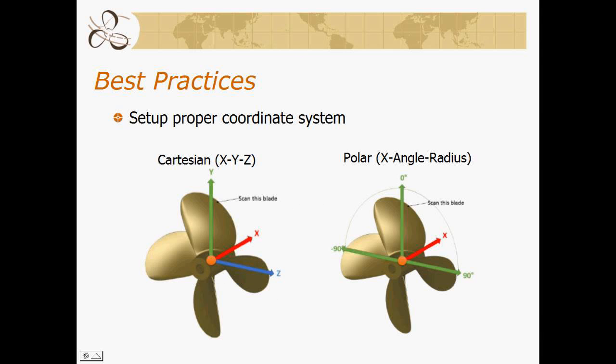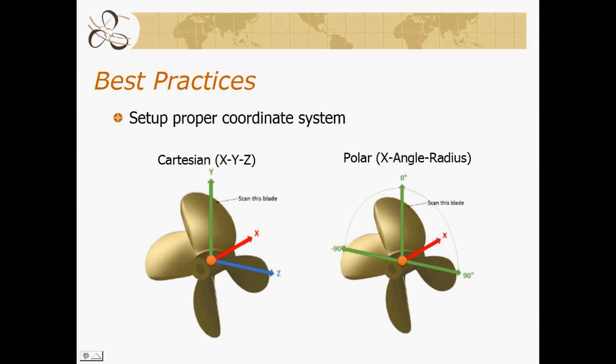We want to make sure the X is the shaft axis, that it is coincident with the shaft axis, and we also want to make sure that the Y axis bisects the middle of our blade. Whatever orientation the blade is relative to the Y-axis, this will typically affect the drawing.